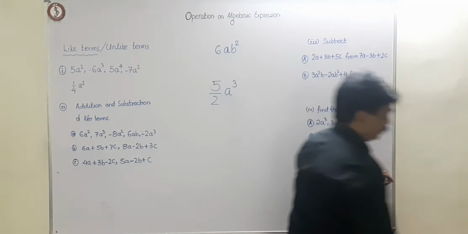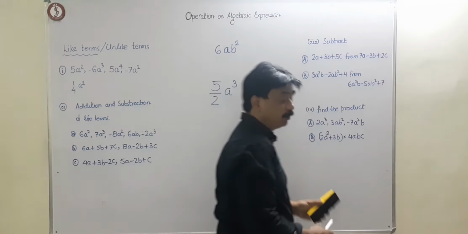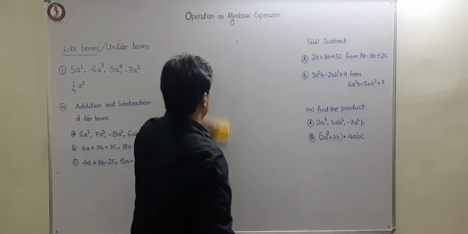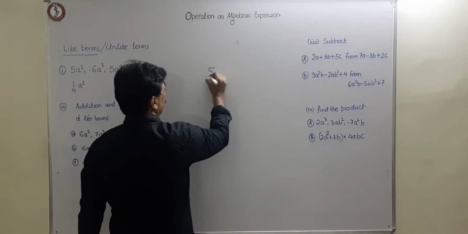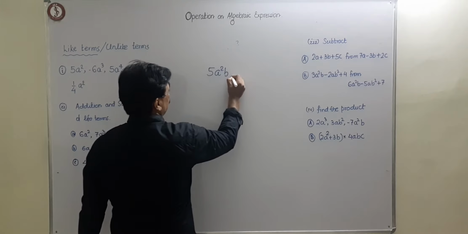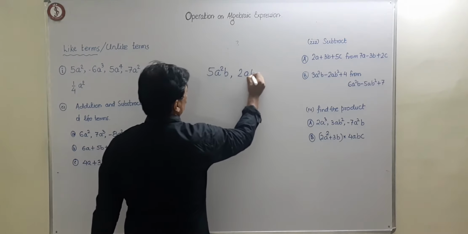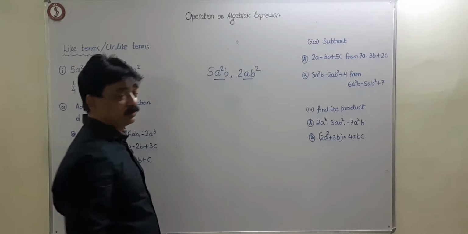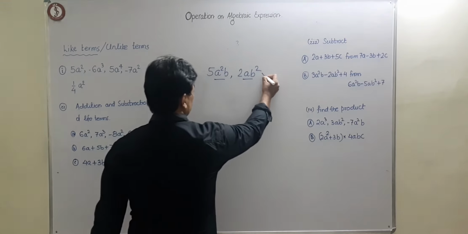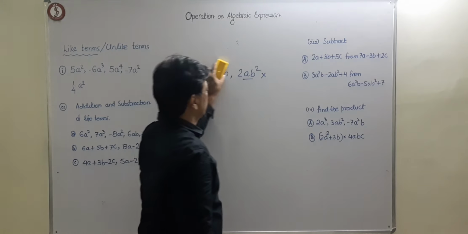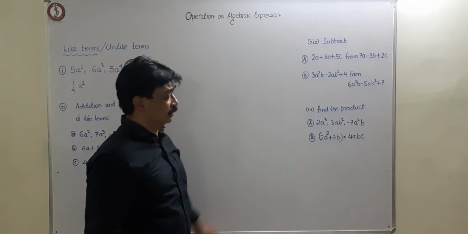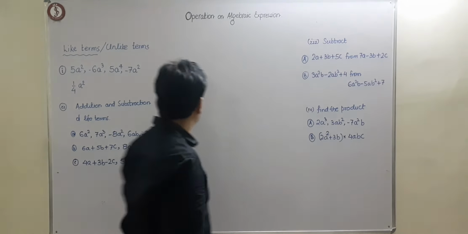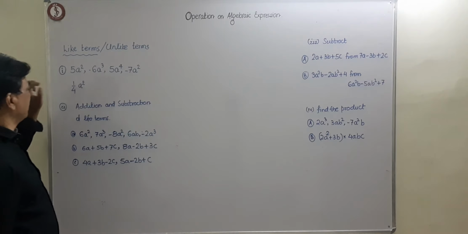Now let us see if there are variables with different powers, are they like terms? If I say this is 5a square b and there is 2ab square, though the variables are the same, the power on the variable does not match. So these are not like terms, they are called unlike terms. From here, suppose we have to select like terms or unlike terms.